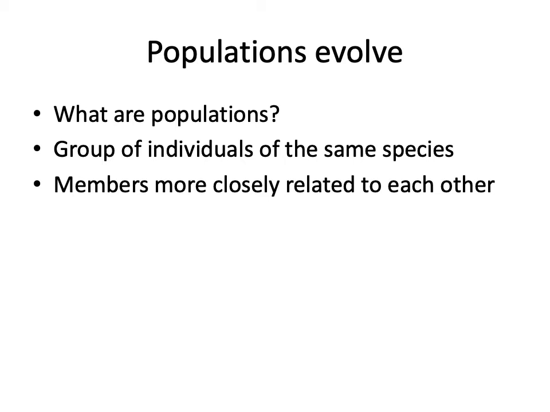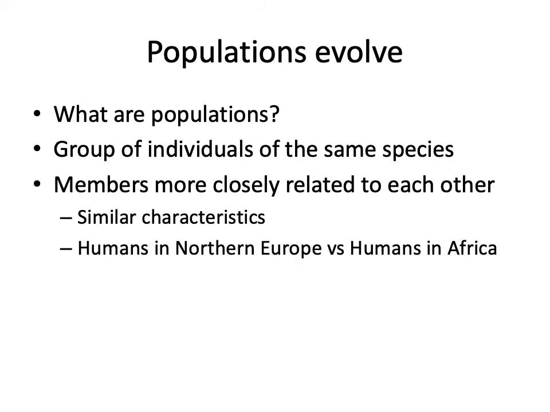And populations in a certain area have similar characteristics. For example, think of populations of humans in Northern Europe versus populations of humans in Africa. Can you think of any differences between them?